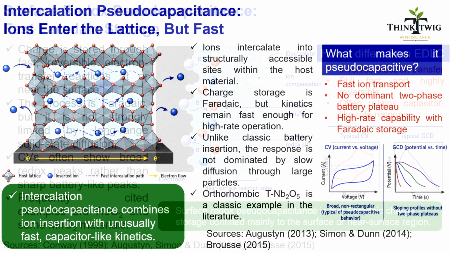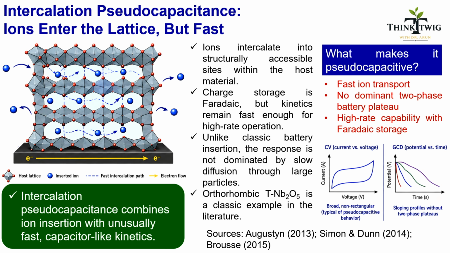Now we come to an even more interesting situation. Someone may say, fine, surface reactions can be fast, but once ions start entering the crystal structure, surely that becomes a battery. But not always. This is where intercalation pseudocapacitance becomes important.